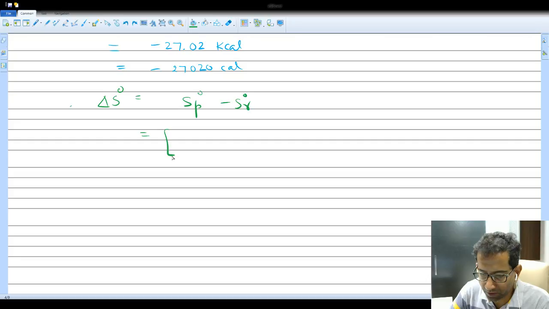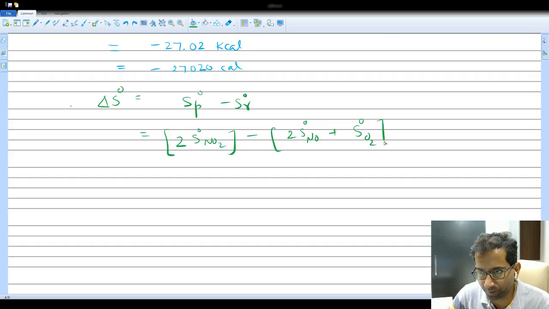That is now 2 times S0 of NO2 minus 2 times S0 of NO plus S0 of O2. So the values are 2 times 57.5 minus 2 times 50.3 plus 1 time 49.0.